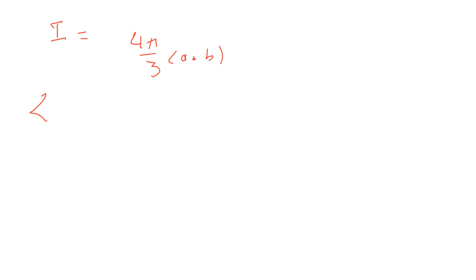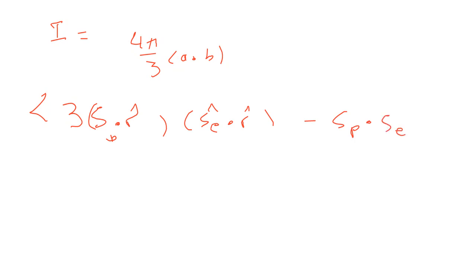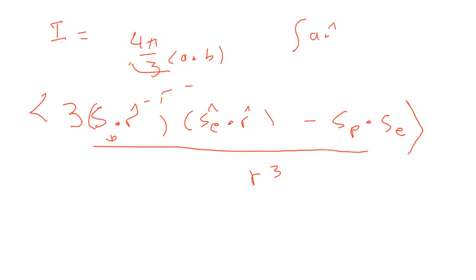So if you look at the term that was there, it was 3 s dot r with a p, s e dot r, minus sp dot se. You had to calculate this expectation value with respect to r cubed, and I've just shown that this part of the integral was given by, say, this was a dot r with b dot r hat. This is just given by a dot b, right?